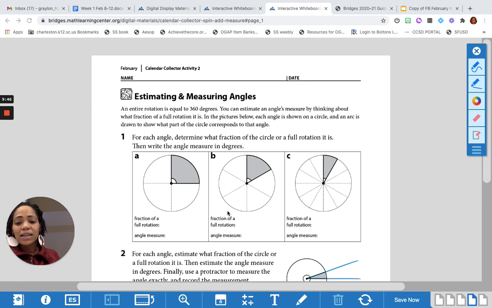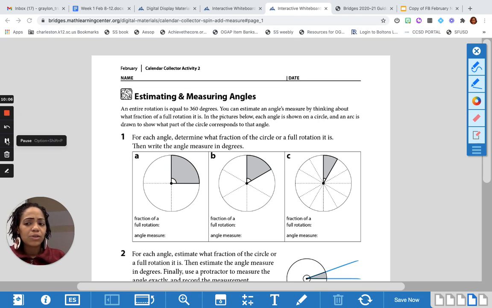So now let's look at number 1, which is going to be our main focus for today. It says for each angle, determine what fraction of the circle or full rotation it is, and then write the angle measure in degrees. So go ahead and try part A independently. And if you need to pause this video to do so, go right ahead.